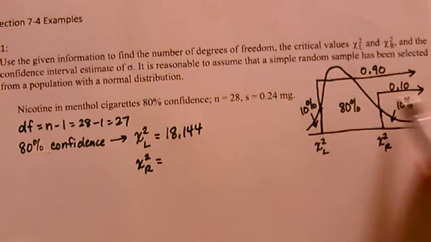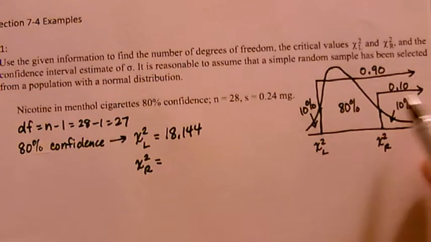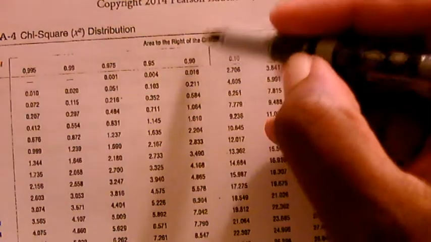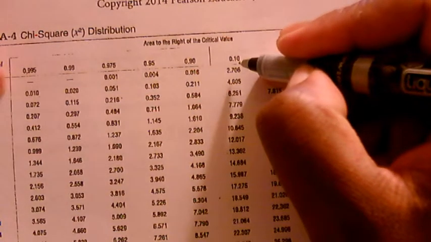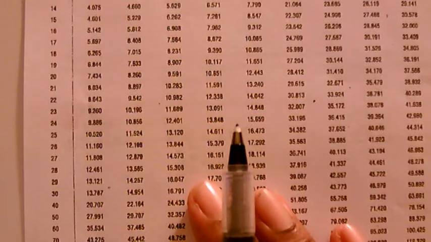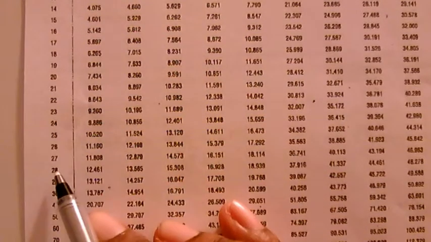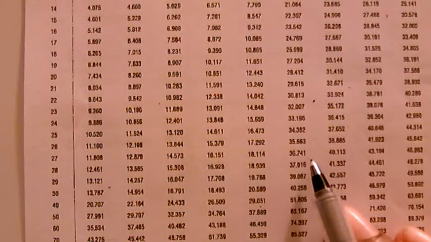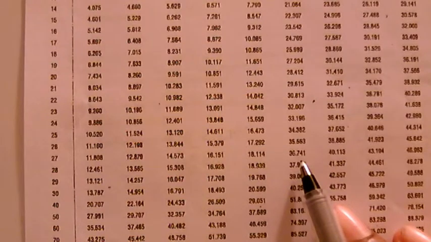Now, your area to the right of the chi-square value on the right is 0.10. So find 0.10, and again, 27 degrees of freedom, which is right here. So 27 degrees of freedom and 0.10 will be 36.741.